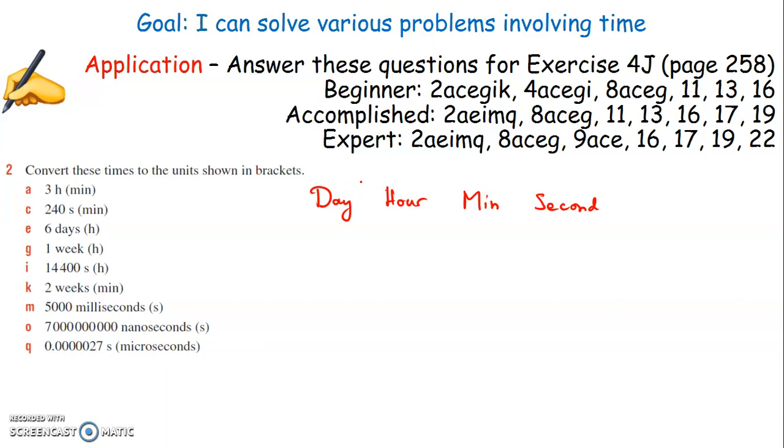I know that if we want to go from day to hour, one day is 24 hours, so times 24, and 1 hour is 60 minutes, so times 60, and 1 minute is 60 seconds. And if we want to go the other way, we just have to divide by the same numbers.